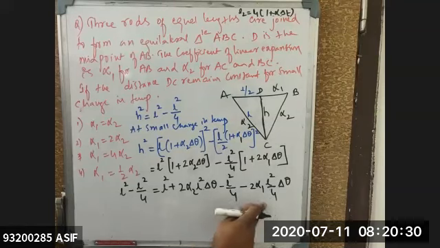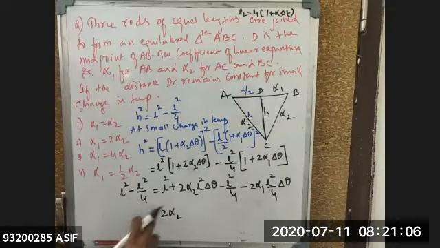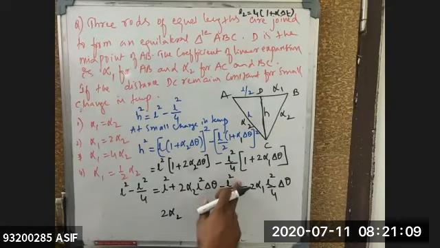This one is 2 alpha 1 L square by 4 into delta T. So we'll get 2 alpha 2 L square. 2 alpha 2 L square will get cancelled everywhere, no? Will it not get cancelled? No sir, the L square plus that L square will be cancelled. Because this side is completely L square minus L square by 4. Here it is L square, here it is L square, here it is L square, and here also L square.